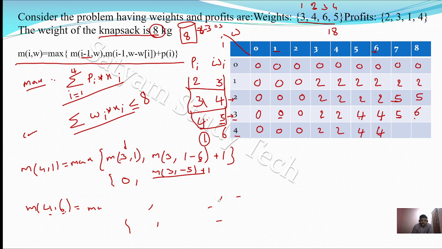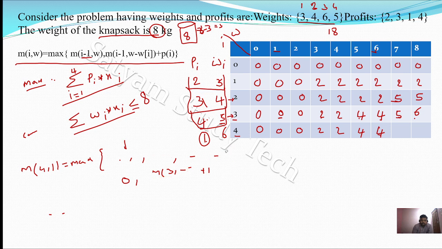Meanwhile, you can calculate that value m of 4 to 7. Now we can see.